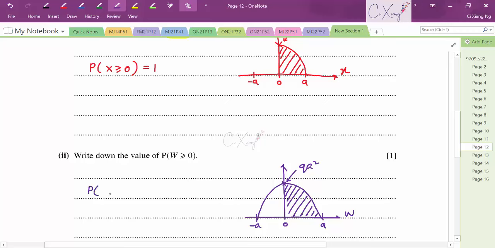Therefore, if I want to write down the probability of w greater than or equal to 0, it will be equal to half of the whole area 1. So it will be equal to half, or 0.5. This is the value that we can write down as the probability by looking at the area under the graph.